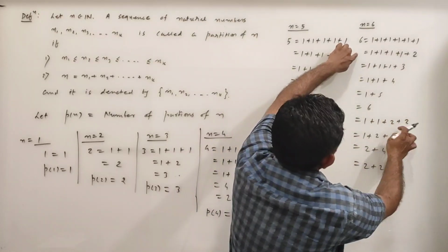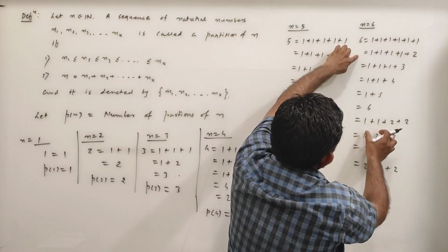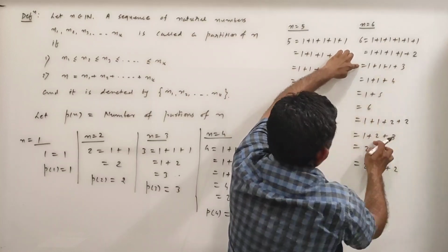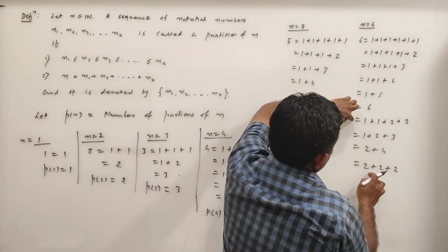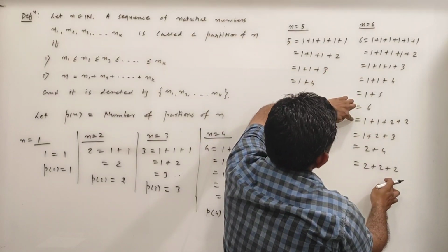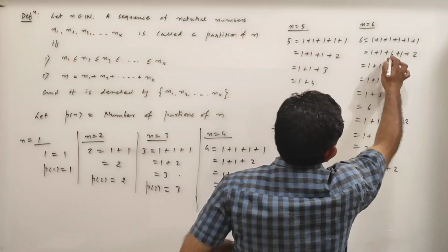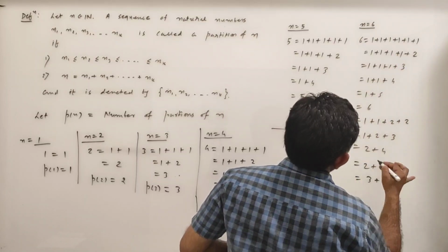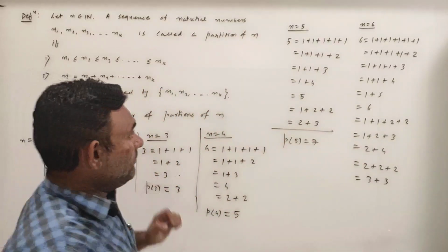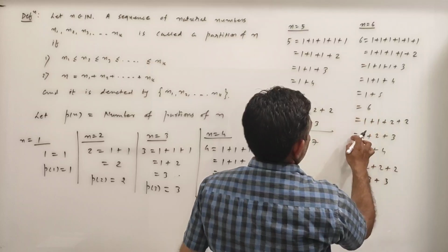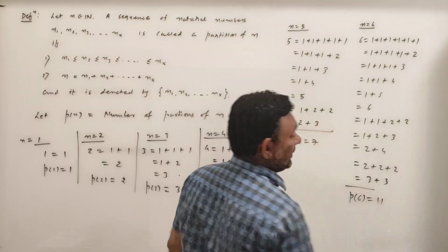Then from here it is 2 plus 2, then from here it is 2 plus 3, and from here it is 2 plus 4. Then from here it is 2 plus 2 plus 2, and one more. Yes, from here what we have is 1 plus 1 plus 1 is 3, and plus 3. 1 plus 2 is 3, so 3 plus 3. So we have 1, 2, 3, 4, 5, 6, 7, 8, 9, 10, 11. So what we have? P6 is equal to 11.